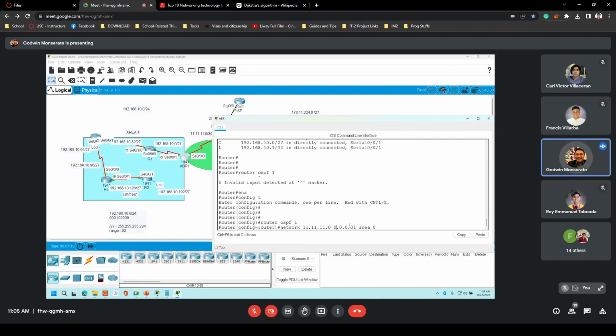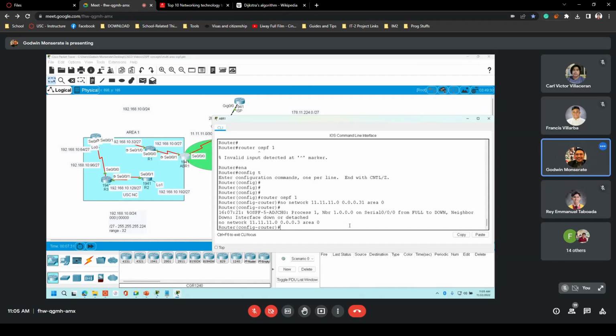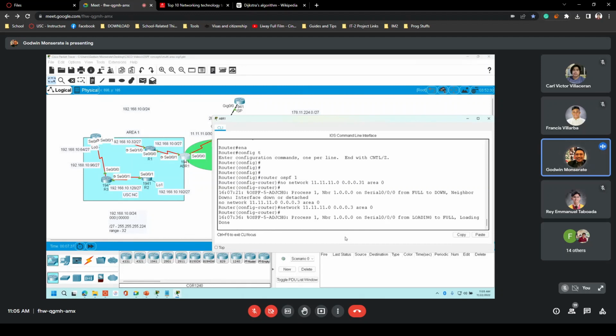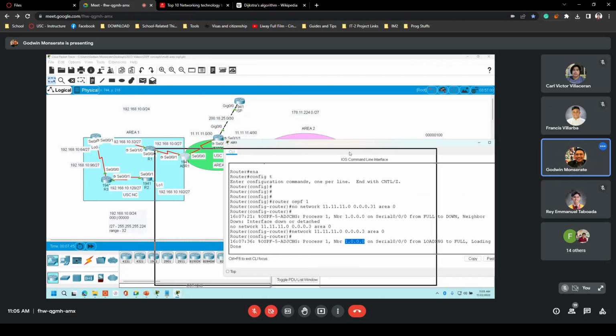Release the interface, so the /30 comes up. Enter. Oh, it's automatically up. It's connected to 1.0.0.0, this router here, from loading down to full adjacency.